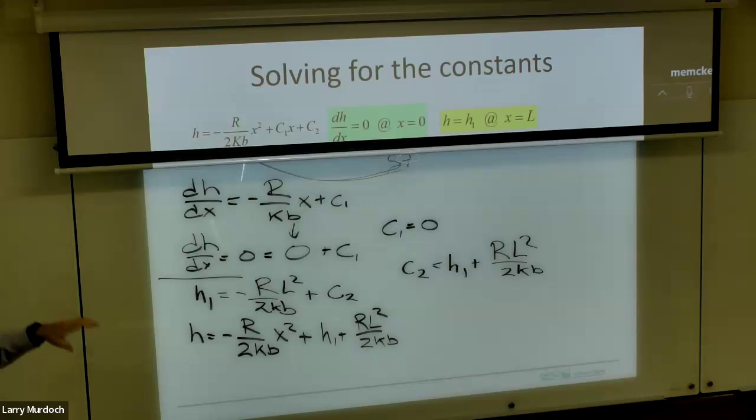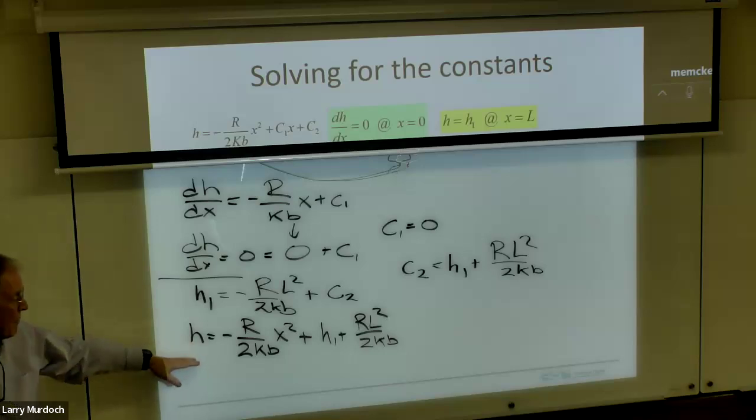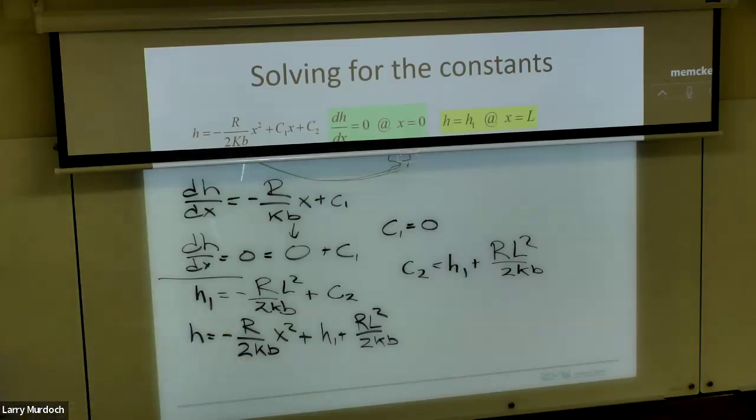Okay, so that's what the hydraulic head looks like. So we have a feel for what that would look like plotting it up. I mean, we could go and assume some values here, but you have a feel for what that would look like. We did plot it up.